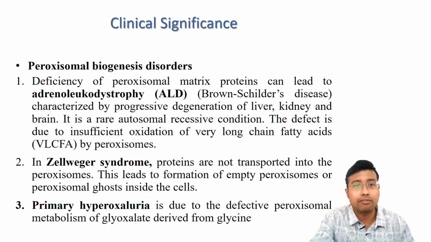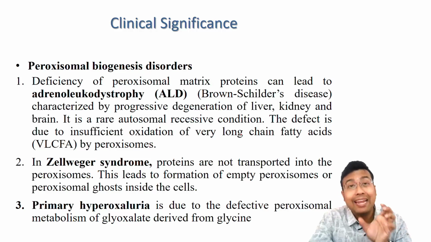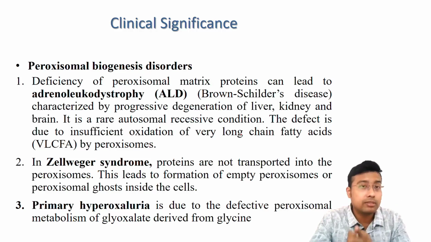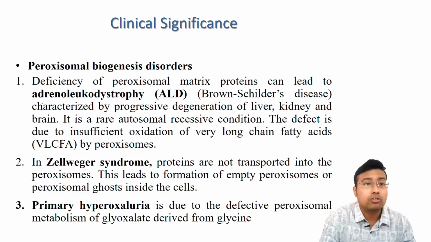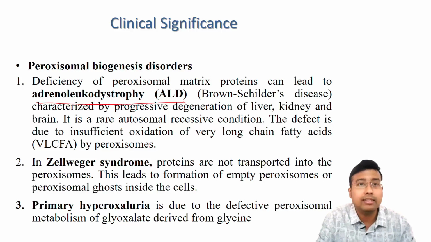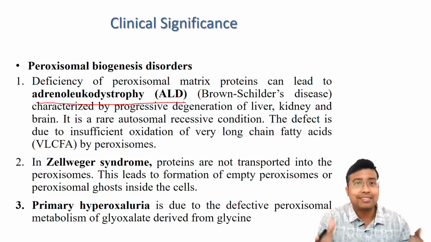This is enough. But a few names, again as I told you, we'll be reading them in detail, not only in biochemistry but also in pathology and medicine. But these are potential MCQs. Adrenoleukodystrophy. Now we are studying medical science and it's time to just remember a few things and learn some difficult names, right?